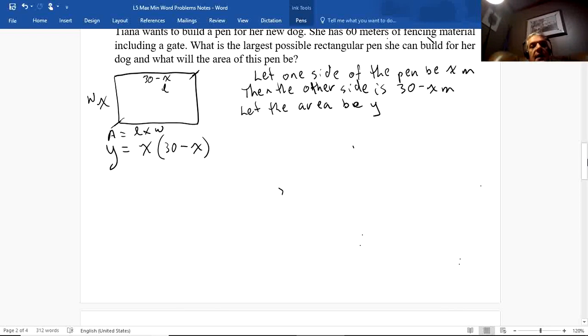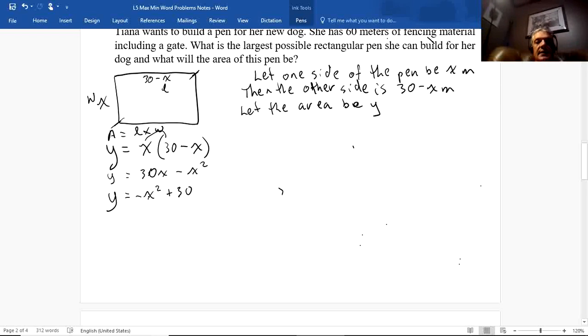And I can multiply this out and I can show you how this becomes 30x minus x squared, which if we wanted to, we could write as negative x squared plus 30x. And therefore, that minus x squared tells me that my equation is going to open like this, and I'm going to have a maximum value.